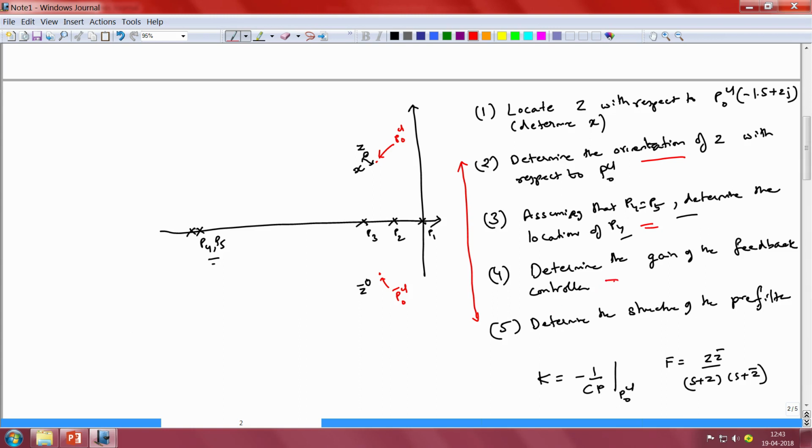The same also applies for determination of the gain of the feedback controller as well as the structure of the pre-filter. The structure of the pre-filter has already been written out here. If we determine the orientation of the zero with respect to PCL naught and the distance x, automatically the structure of the pre-filter gets fixed.